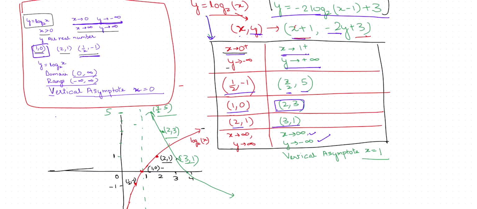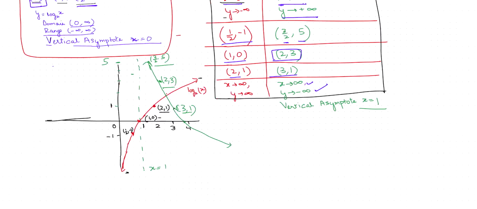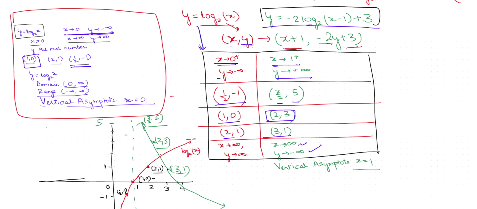And we can see that when x tends to 1, y tends to positive infinity. And when x tends to infinity here, you can see that y tends to negative infinity. So this is our graph for the transformed function y is equal to negative 2 log base 2 of x minus 1 plus 3 here.